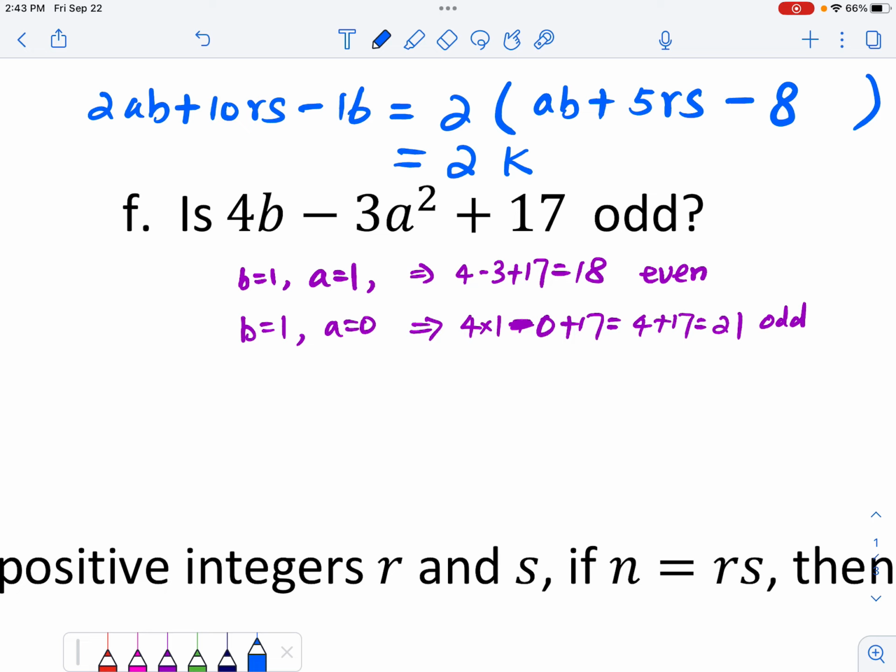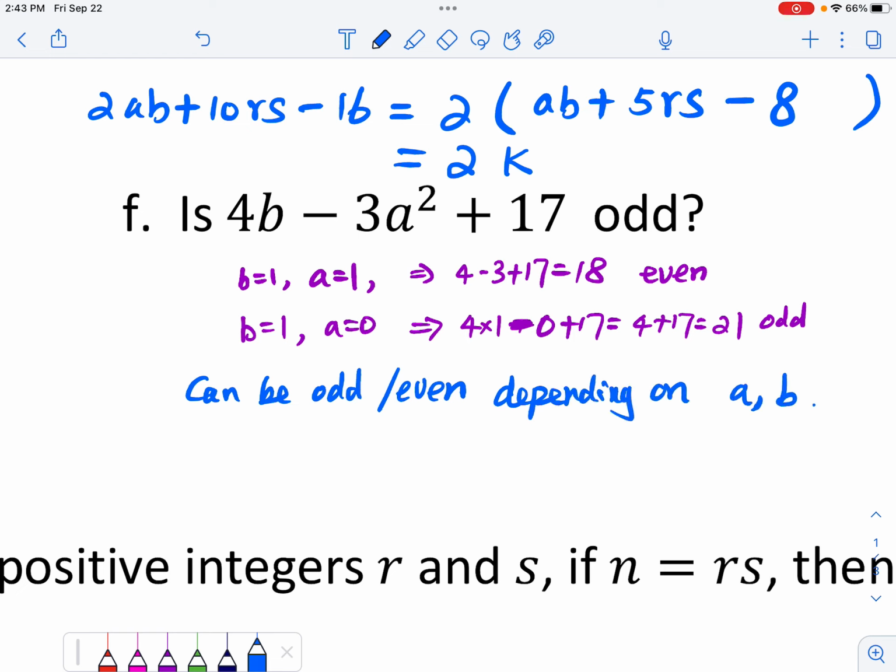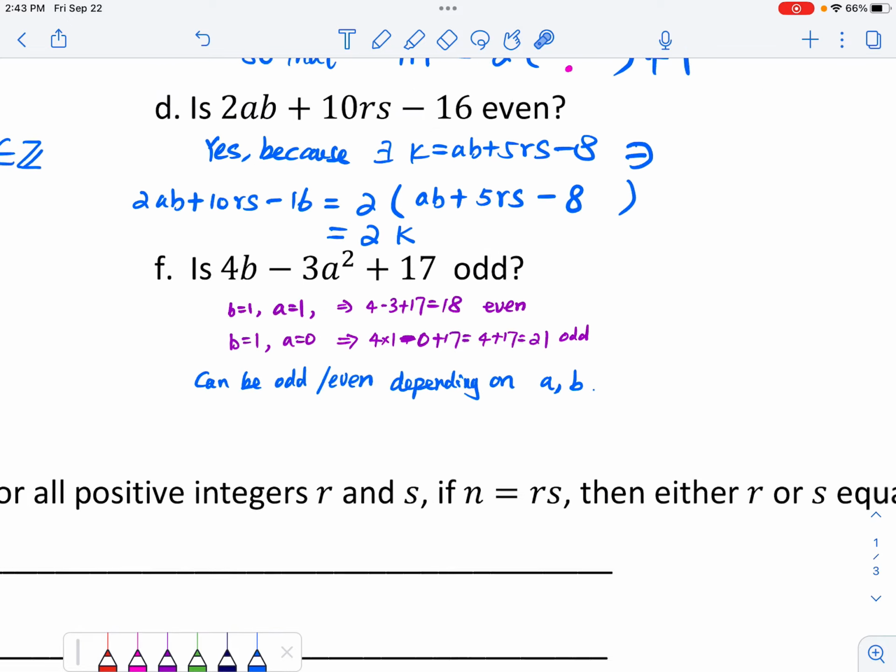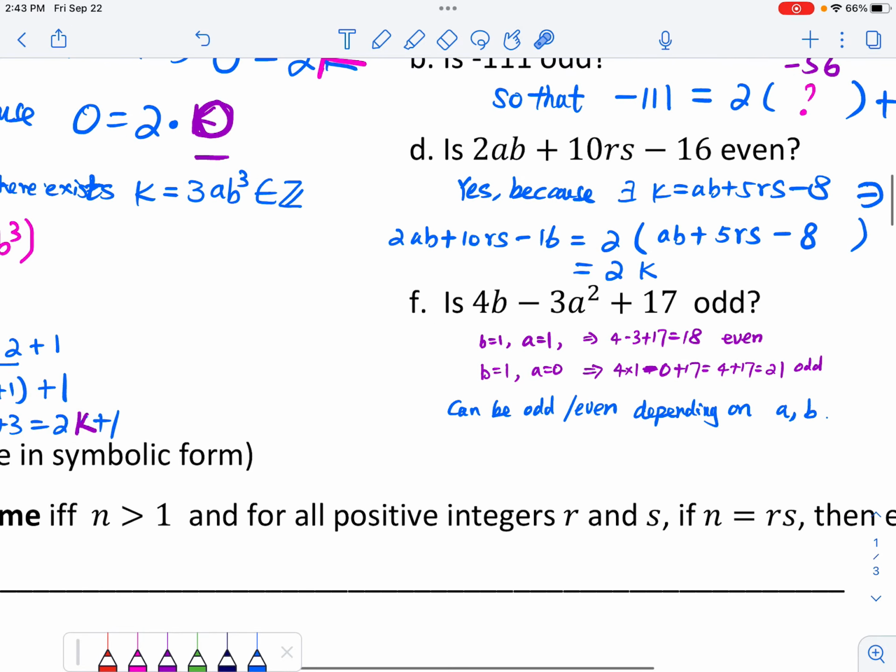So therefore, this can be odd or even, depending on a and b. We cannot simply conclude it is odd or it is even. It just varies.